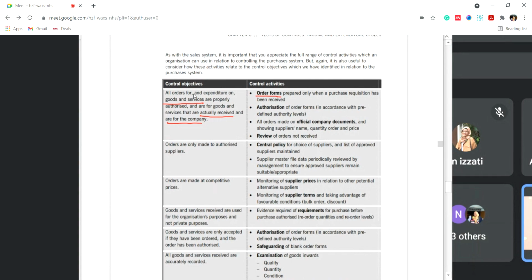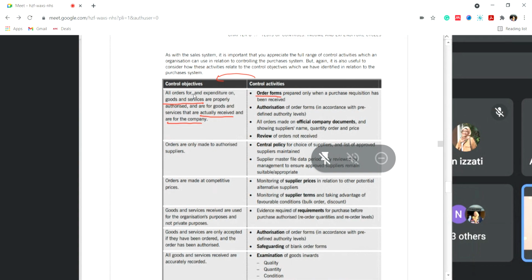If you perform a test of control, you can examine samples of order forms. That is why you must know what the control activities are regarding the control objective. Order forms are prepared only when a purchase requisition has been received.